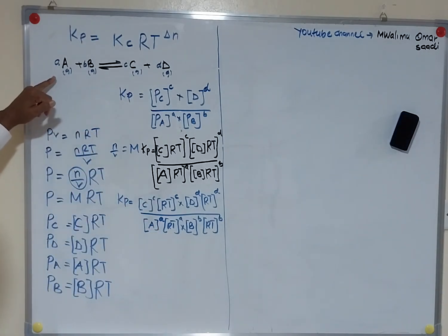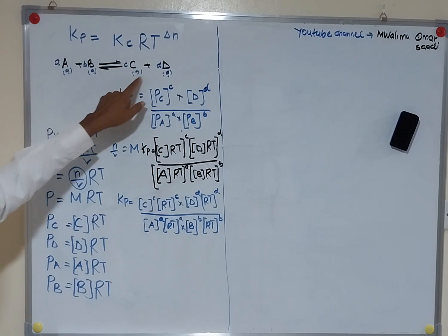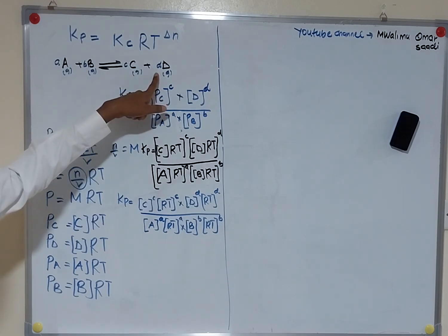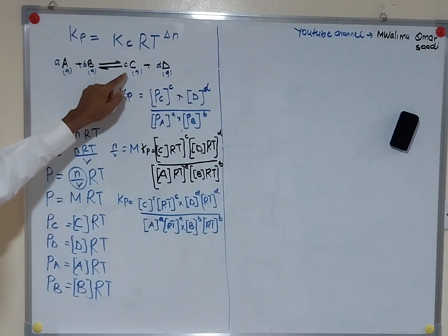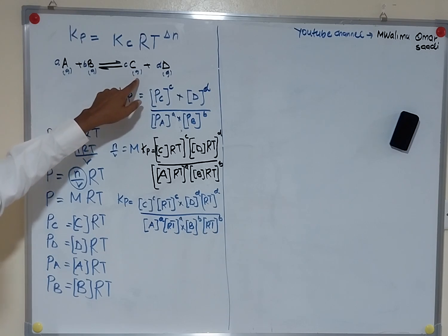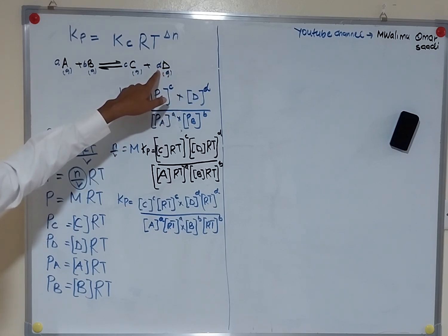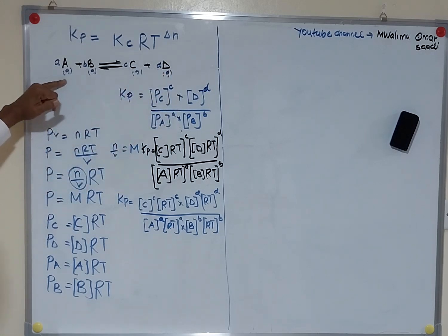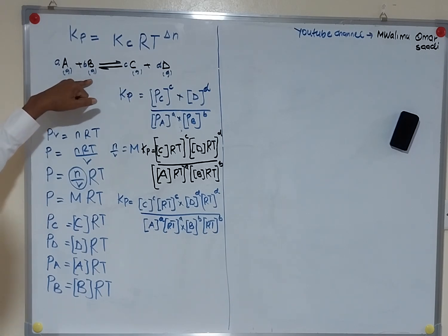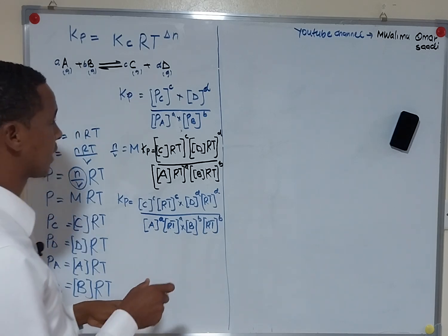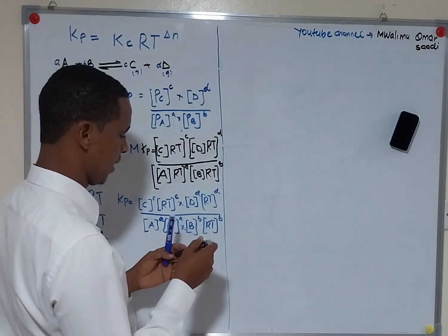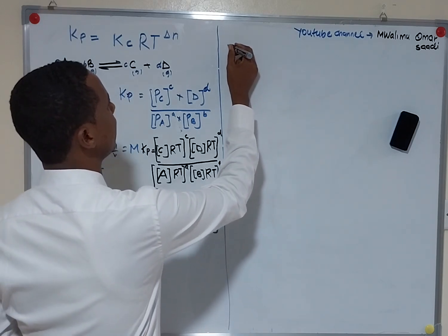If we have this equation, A plus B forming C and D, the Kc will be equal to the concentration of C times the concentration of D, raised to the coefficients, all over the product of the concentration of A and the concentration of B. So let us write that expression so that we will have an easy understanding.